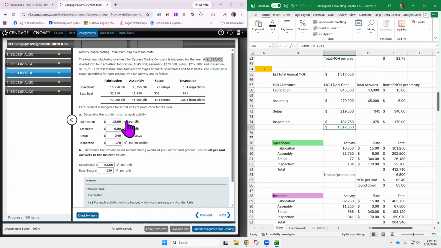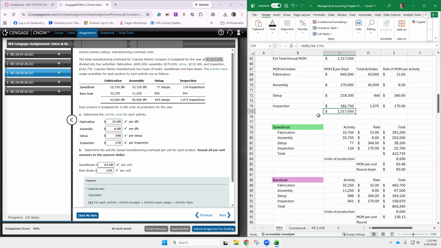So we're going to get these activity rates here. What drives the cost of the overhead for fabrication is the direct labor hour, and so does assembly.